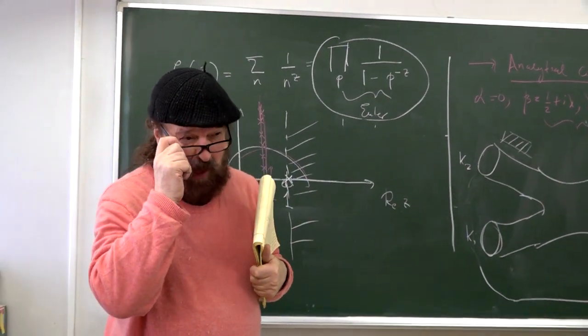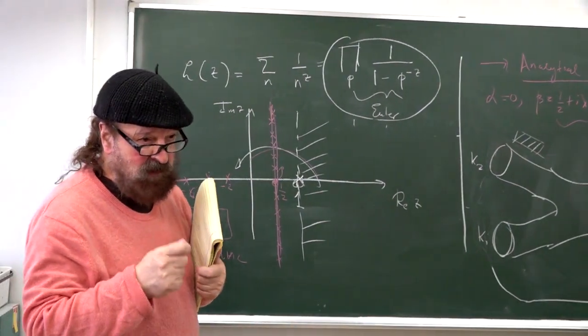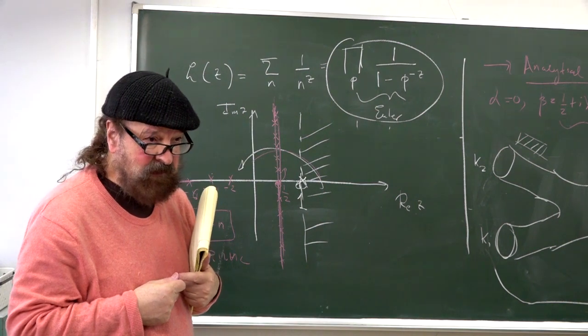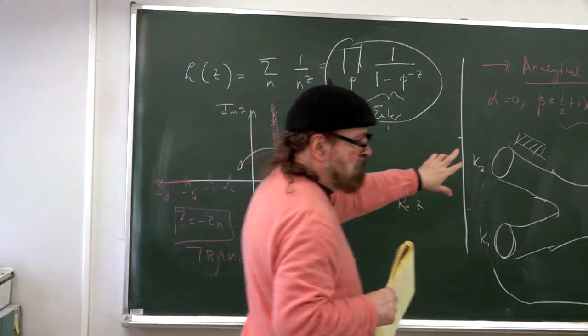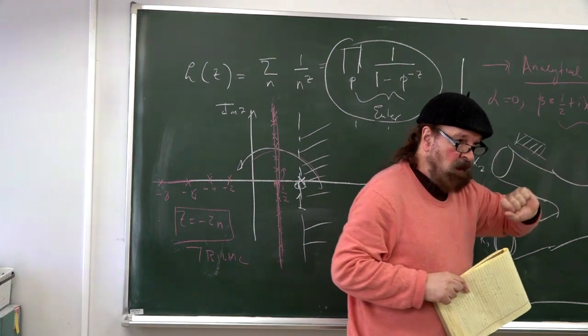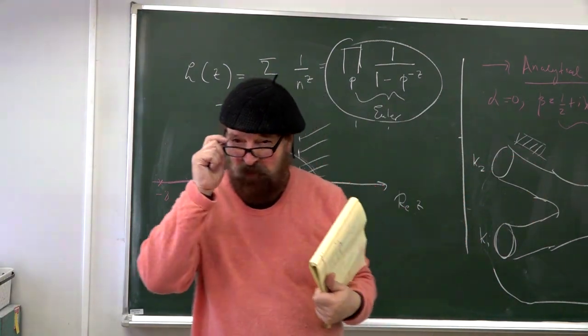So I have found a one-to-one correspondence between the locations of the zeta zeros and the poles of the string scattering amplitude for these values. You have a natural one-to-one correspondence.